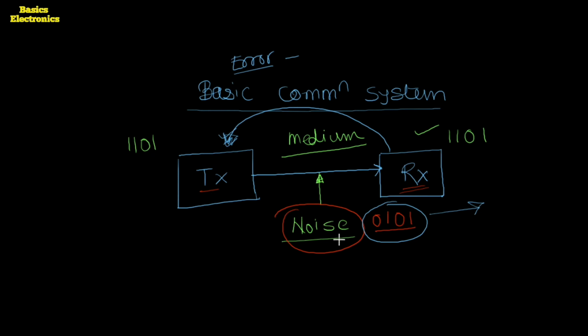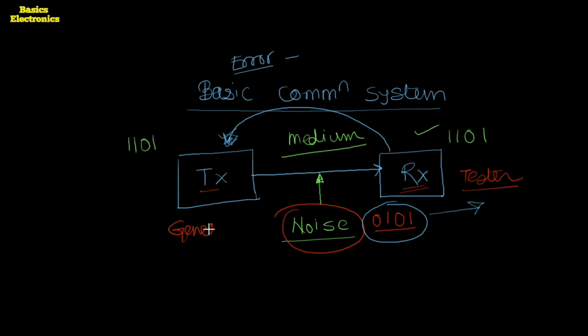Therefore we require error detection circuits. From all the error detection circuits, one circuit we require is what we call a parity tester or the parity generator. The parity generator is used at the transmitter side, and the parity tester or parity checker circuit is used at the receiver side. Both circuits are similar, but how we can detect the error is one important thing.